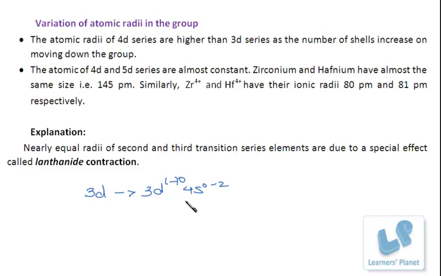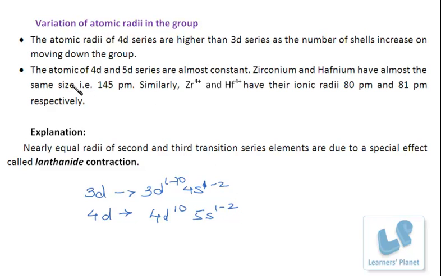Whereas the general electronic configuration of the 4d series will be 4d 1 to 10 and 5s 1 to 2. So as the number of shells is increasing, the atomic radii is increasing.